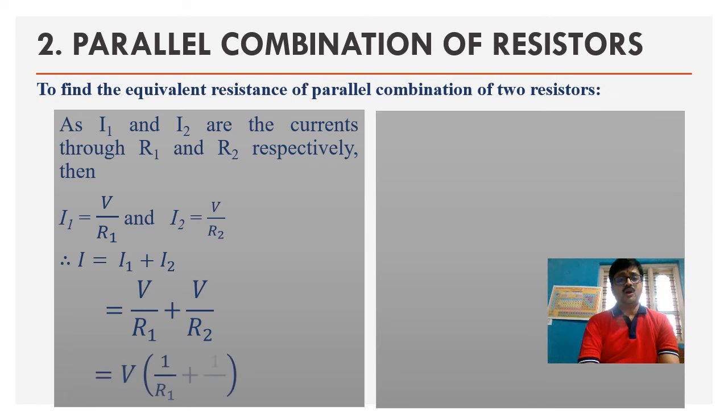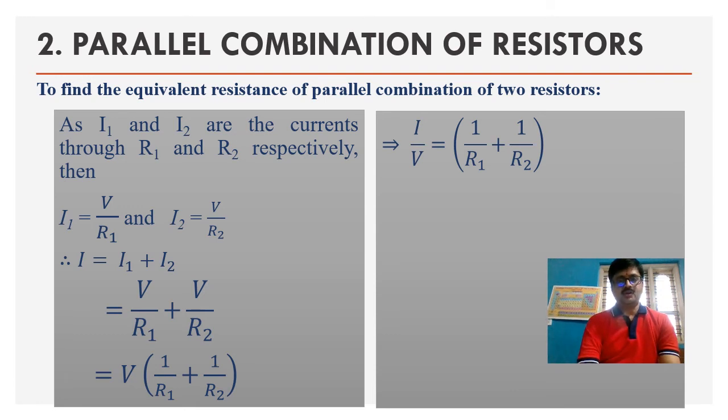Now again, common factor is V here. Let us take out that V as a common factor, and then we'll write this equation as I equal to V into 1 by R1 plus 1 by R2. Now accordingly, if we cross multiply here, then we get I divided by V is equal to 1 by R1 plus 1 by R2. Do we agree on this?